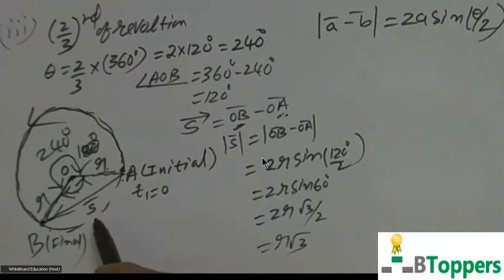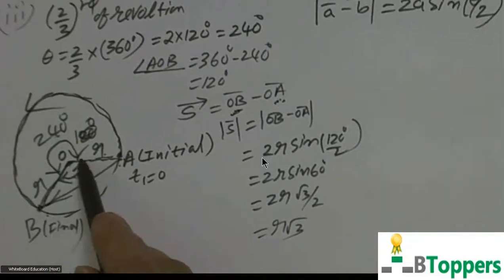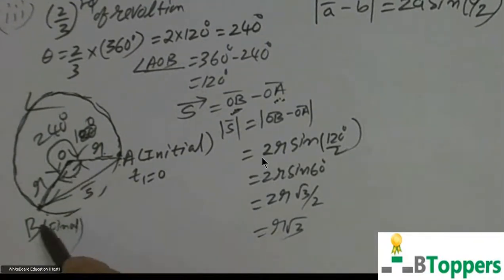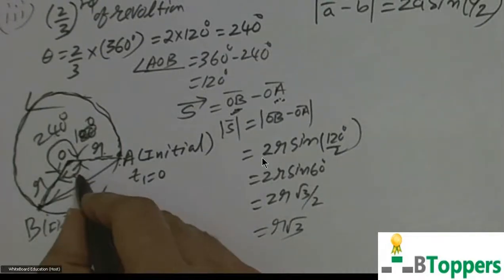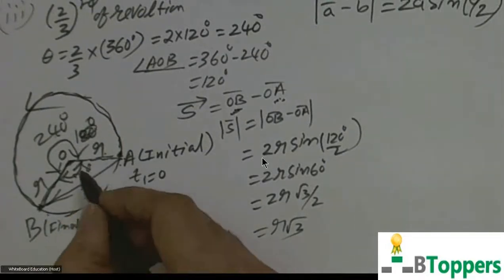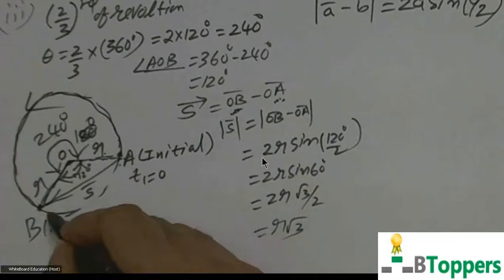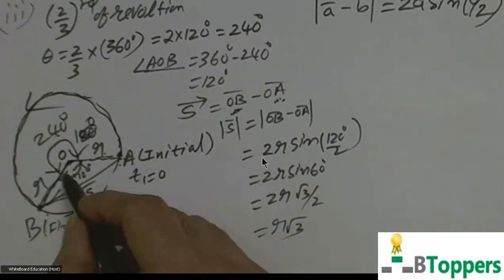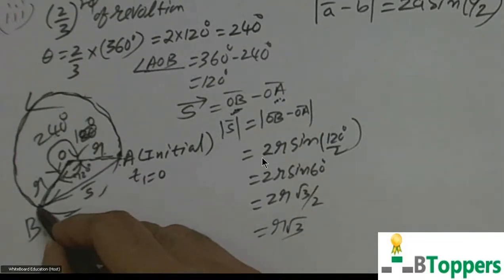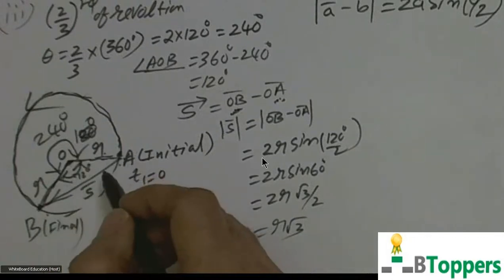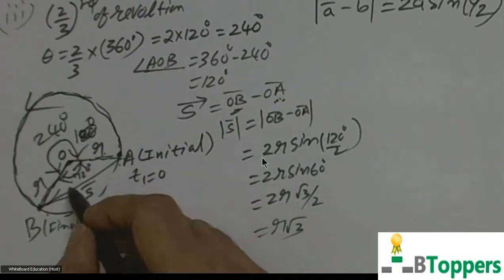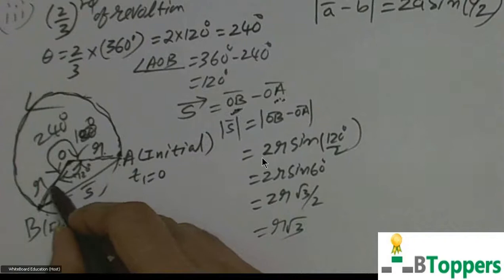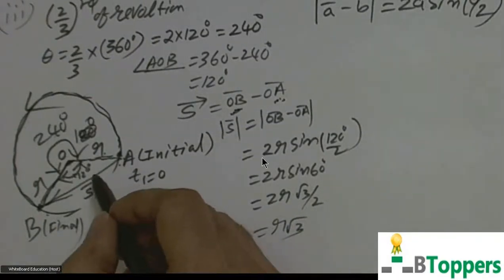You can also find the magnitude of the displacement by applying sine rule for the triangle AOB. So this angle is 120 degrees. Triangle OAB is an isosceles triangle because length OA is same as length OB, equal to the radius of circle. The sum of the three internal angles of any triangle is 180 degrees.